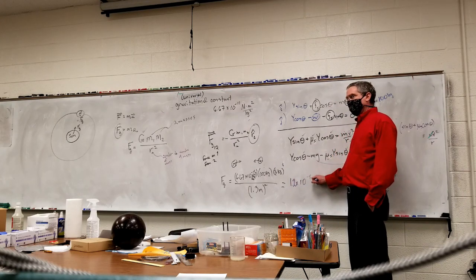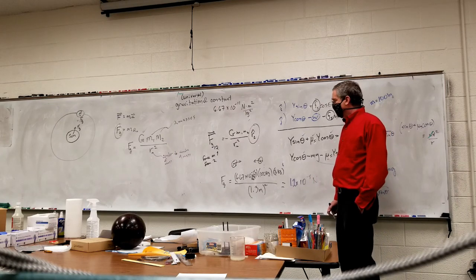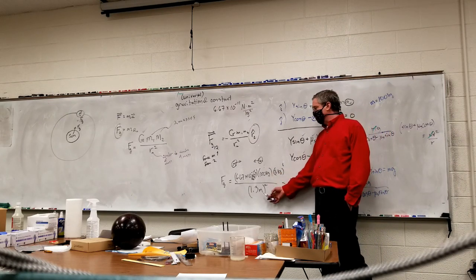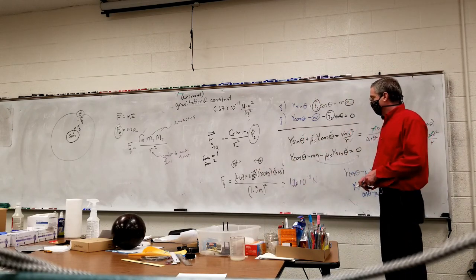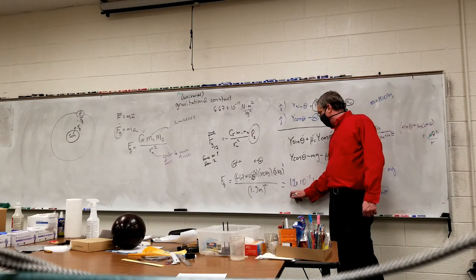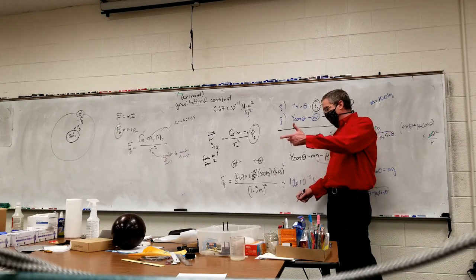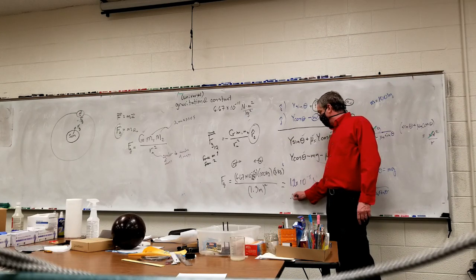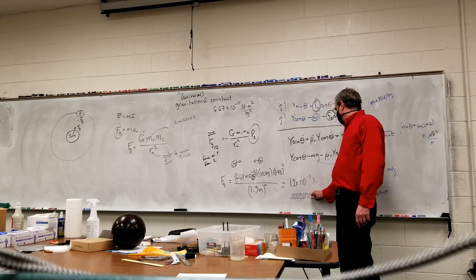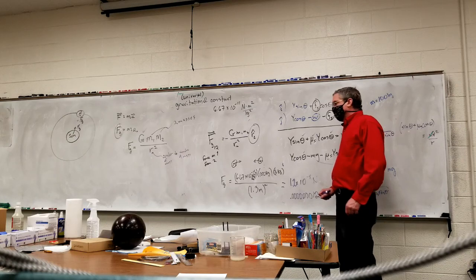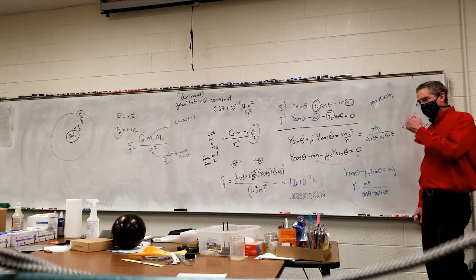Units? Yes, I hope so. All of our things are in SI units, kilograms and meters, and that's the conversion for SI units, so it better be newtons. So the force between me and the Earth is about 1,000 newtons. The force between me and the bowling ball is 0.00000007, which is why we've ignored all of those gravitational forces when we've done force diagrams.